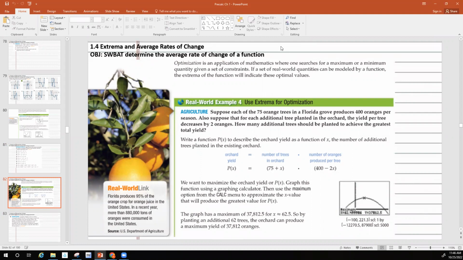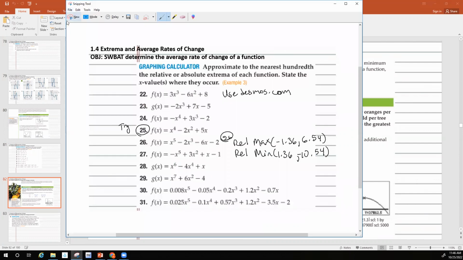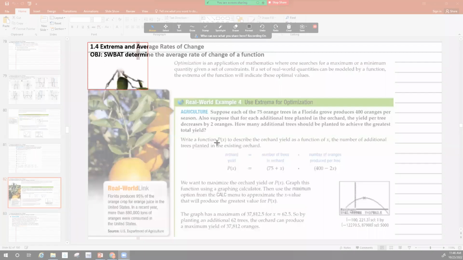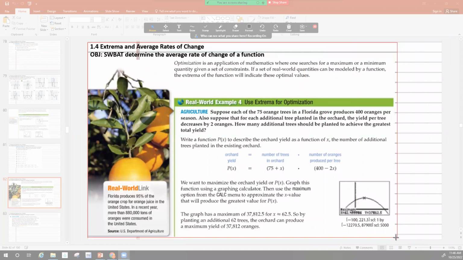Usually when we're doing business, you want the greatest amount. So you're looking for the greatest or the least, the maximum or the minimum. I'll put this on the notes because it's a cute orange.